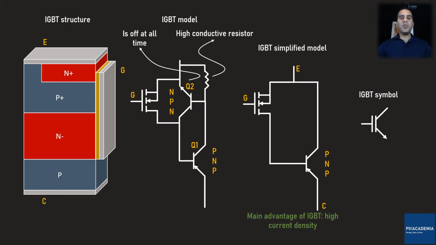The main advantage of the IGBT in comparison with the MOSFET is the high current density capability. However, it comes with some disadvantages that make the IGBT improper in low and mid-range power conversion applications. If you look at the simplified model, you'll notice that we cannot apply a negative base current to the power BJT to obtain a faster turn-off time.